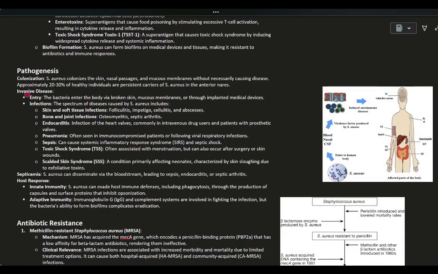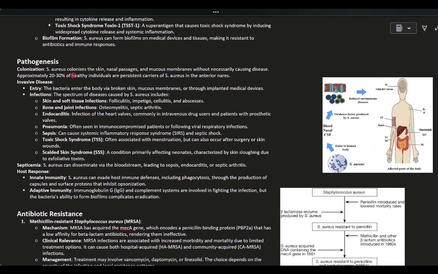Now let's talk about the pathogenesis of Staphylococcus aureus. In terms of colonization, the Staphylococcus aureus colonizes the skin, the nasal passages, and mucous membranes without necessarily causing disease. Approximately 20 to 30% of healthy individuals happen to be persistent carriers of the Staphylococcus aureus in the anterior nares.